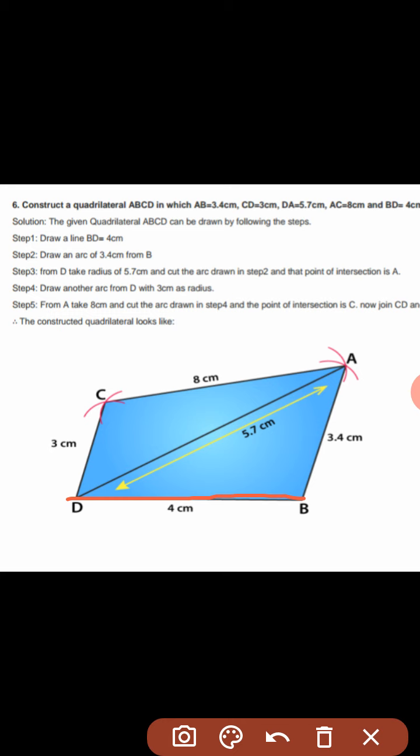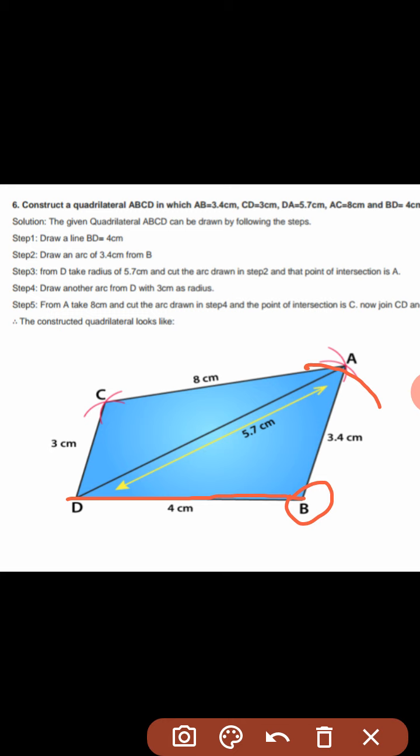Then step 2, draw an arc of 3.4 centimeter from B. From this point B we have to cut an arc at point A, 3.4 centimeter. With the scale we will take this distance 3.4 centimeter and cut here.